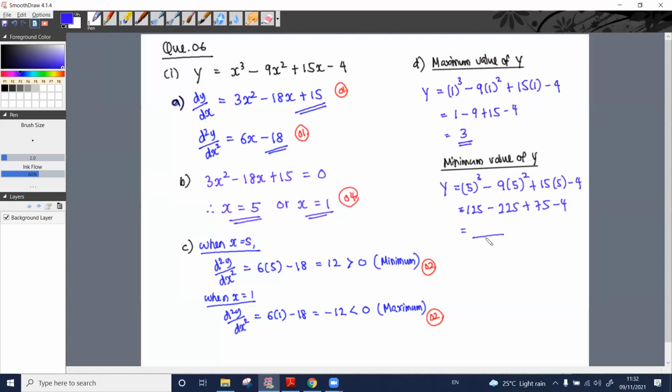Therefore, the minimum value of y should be minus 29.